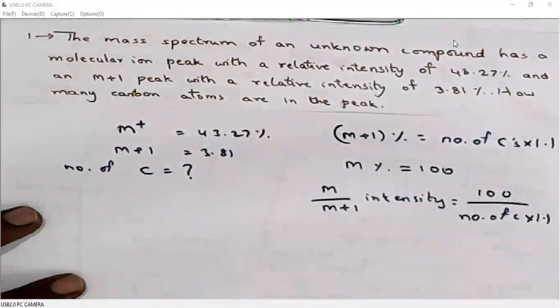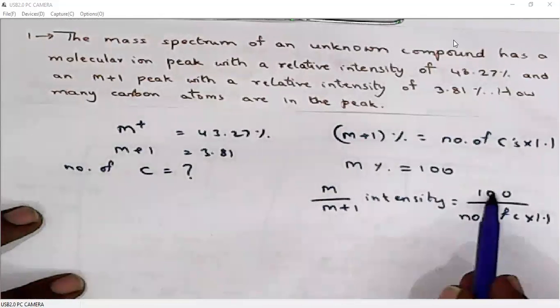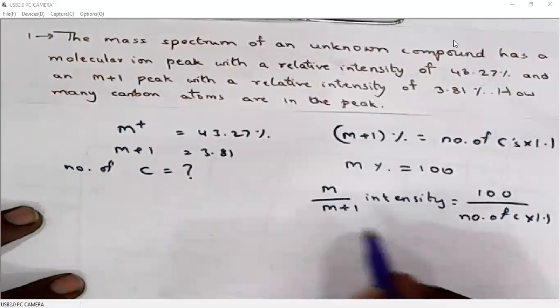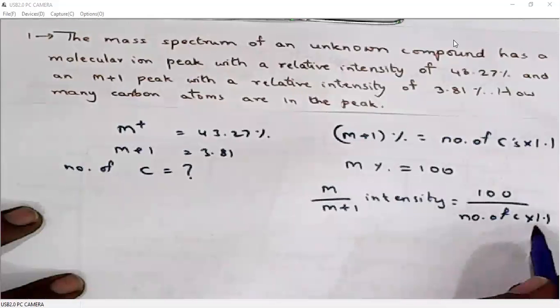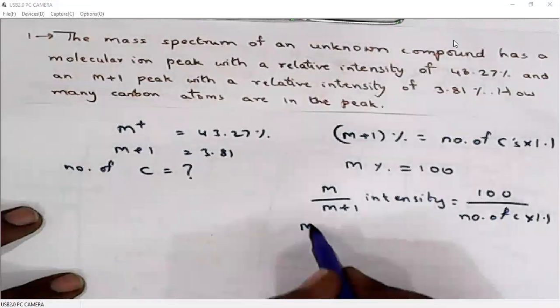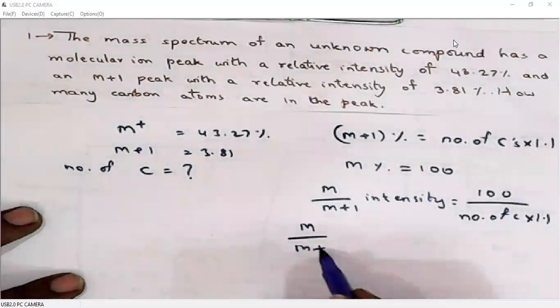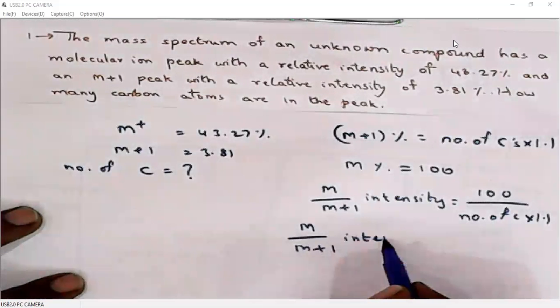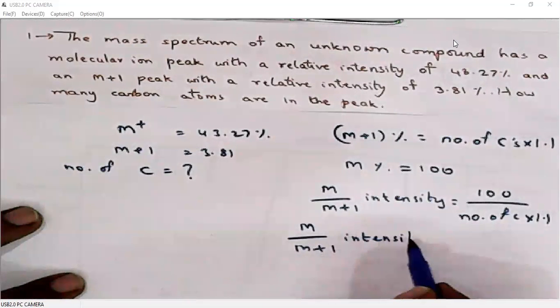100% by 1.1%. Both are percentages, so just leave it; 1.1 is nothing but 1. So we can ignore this one. When we ignore this, it gives a shortcut to identify the number of carbons.